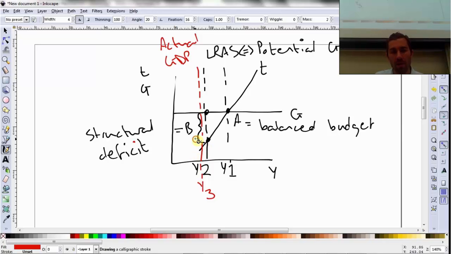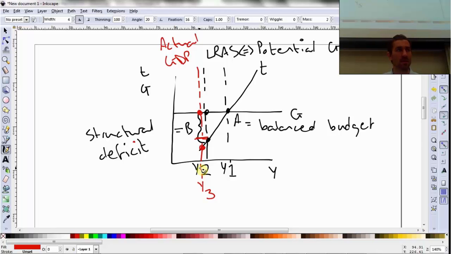At Y3, are you happy that we have a bigger deficit than at Y2? Yes? Now that bigger deficit has two components. It has a structural component and it has a cyclical component. In other words, this is the extra deficit because we are away from potential GDP.